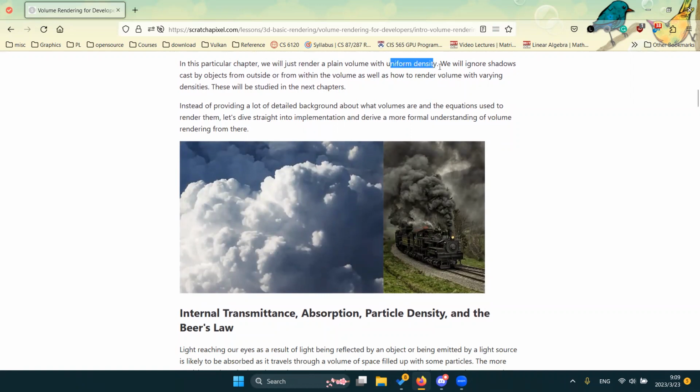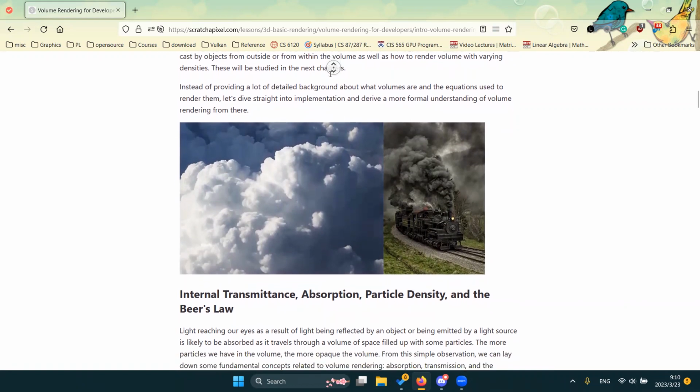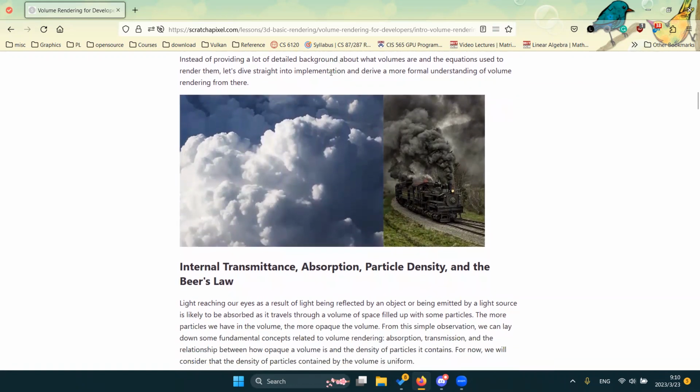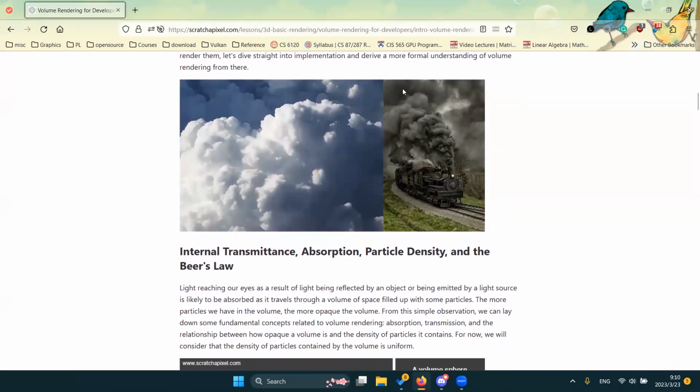You have a lot of constraints now. It's uniform density, and we will ignore shadow cast. And here is a pretty image that we will definitely not implement something like this for now.